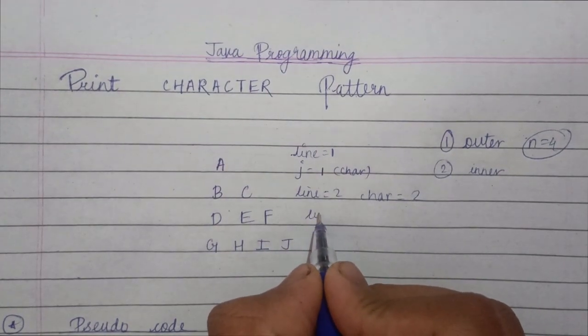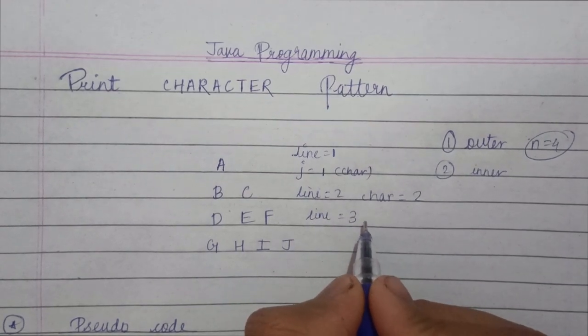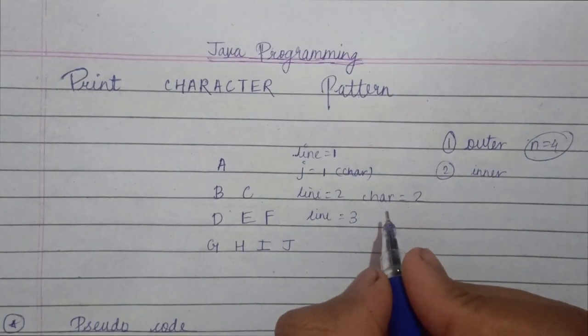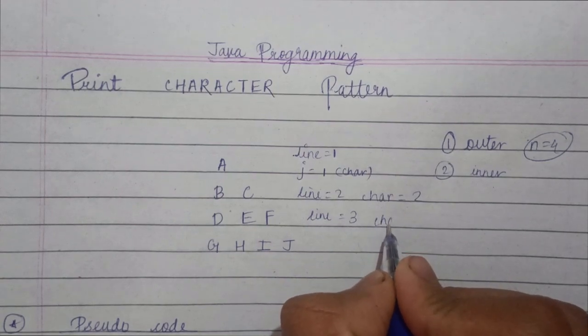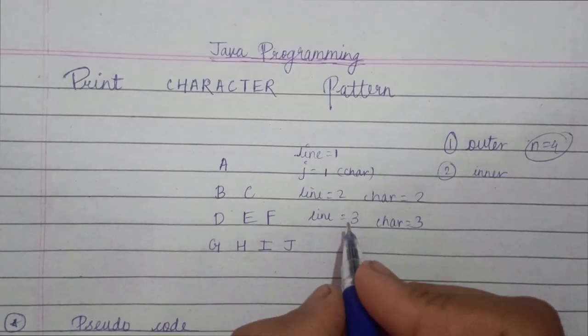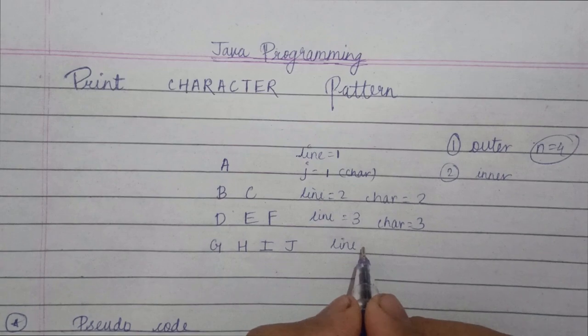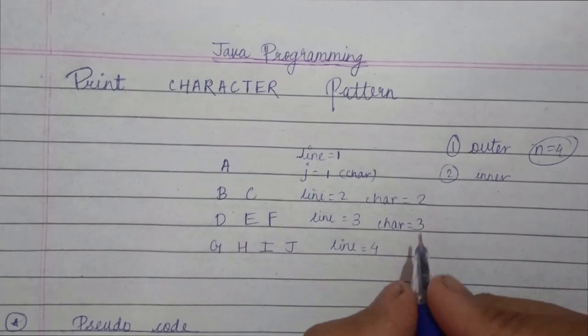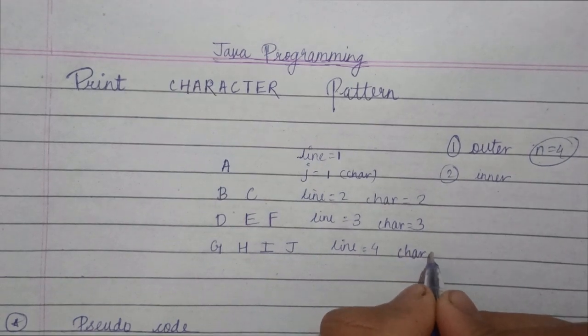In line 3, how many characters do we have to print? We have to print 3 characters. In line 4, we have to print 4 characters.